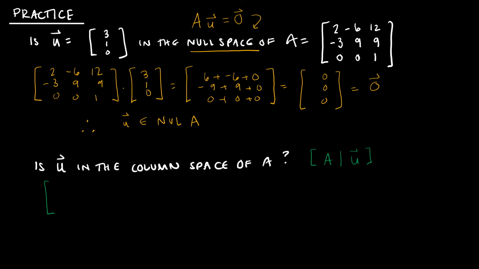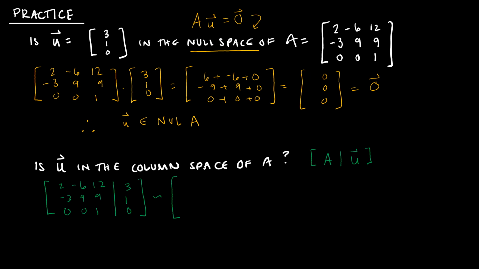So I've got 2, negative 6, 12; negative 3, 9, 9; 0, 0, 1, augmented with 3, 1, 0, and I'm just going to do my row operations. Again, there's really no right or wrong way to do your row operations. I'm just trying to get it to the point that it's either in reduced row echelon form, or I find out that I don't have enough pivots and therefore it's inconsistent.